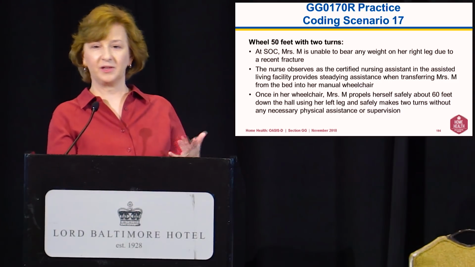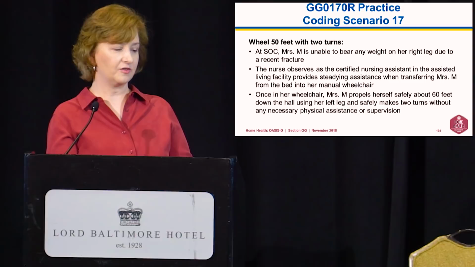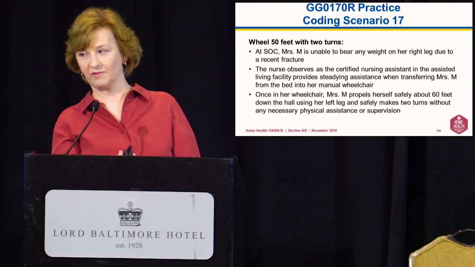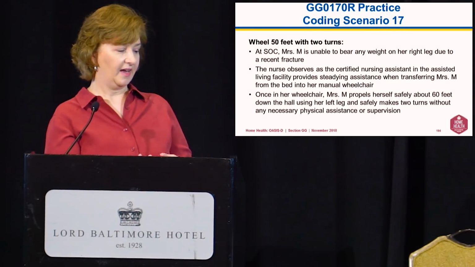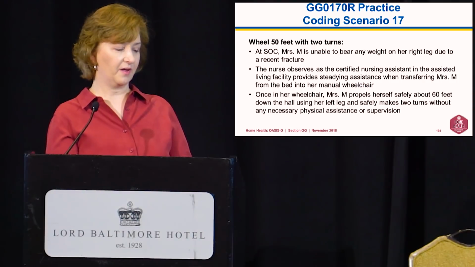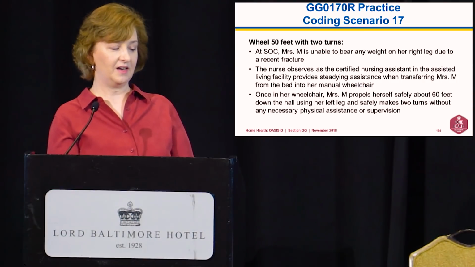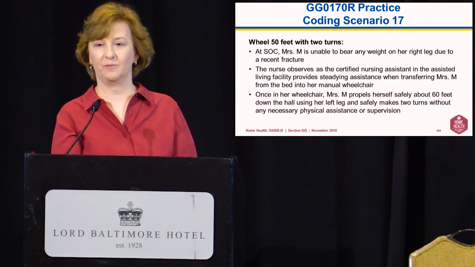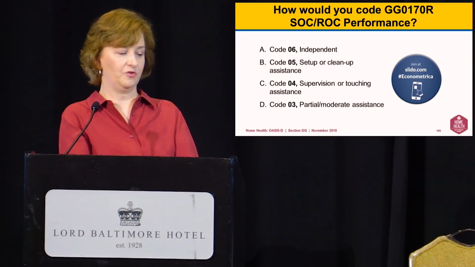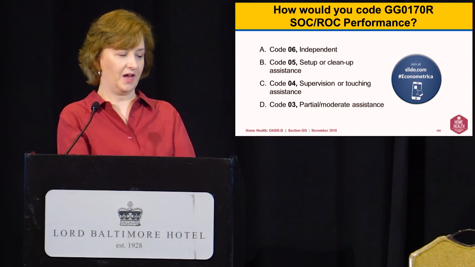So it's really the last bullet that's relevant. So it says that she goes 60 feet, so that's more than the 50 feet. And it says that she propels herself and she makes the 2 turns and she doesn't need any kind of physical assistance or supervision. How would you code her for this particular item?